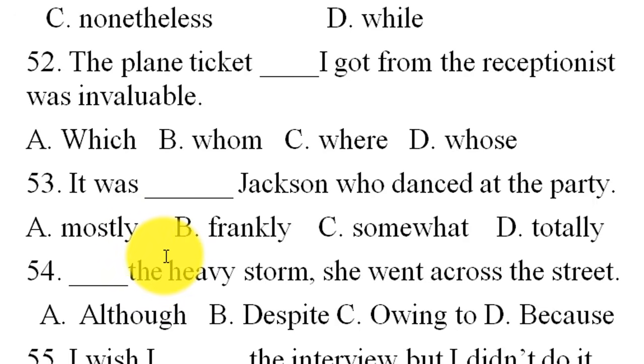It was blank Jackson who danced at the party. It was blank Jackson. Yeah, right. It was blank Jackson who danced. Yeah, I want to focus on Jackson, who danced at the party. Frankly, what does frankly mean? Somehow, not totally. So mostly. It was mostly, yes. It was mostly, yeah. It was mostly focus.